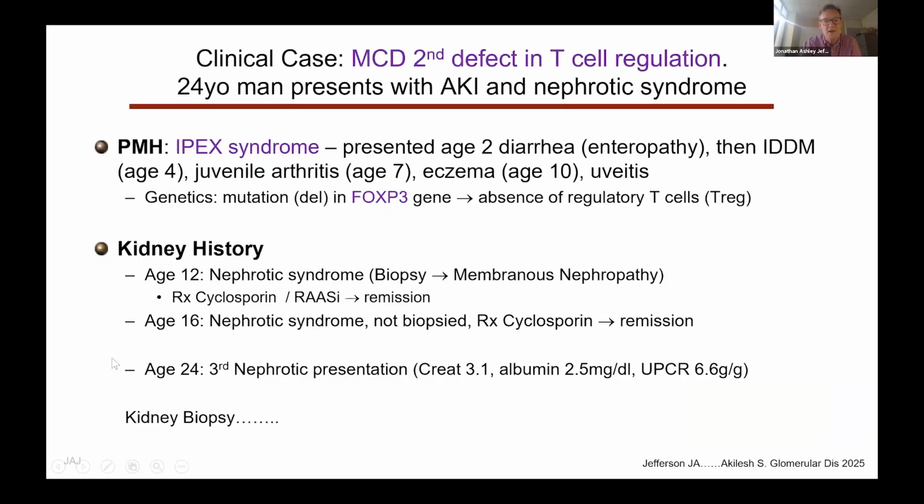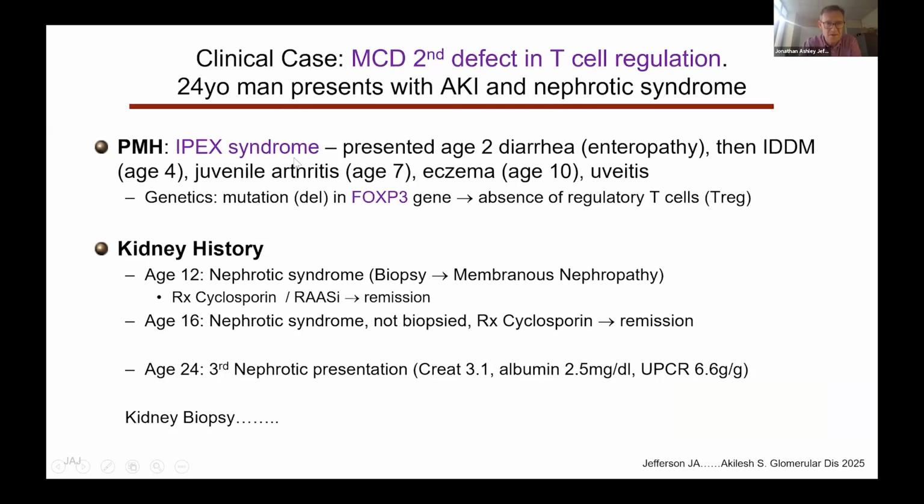Now, for many years, minimal change disease has been considered an abnormality of T cell function. And this is actually a paper that our group presented this year. So this is a 24-year-old man who had minimal change disease secondary to a defect in T cell regulation.